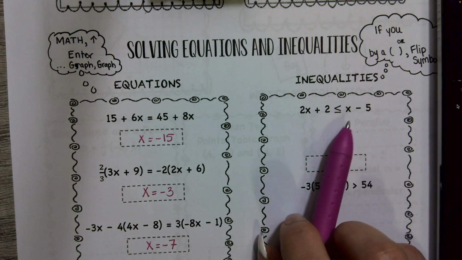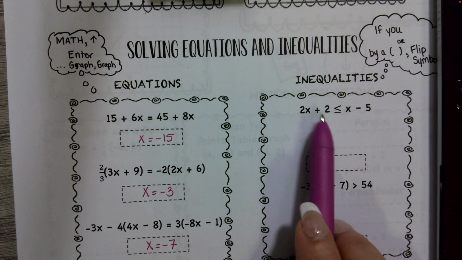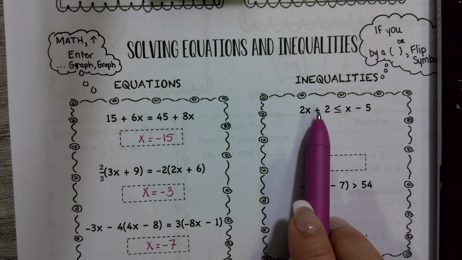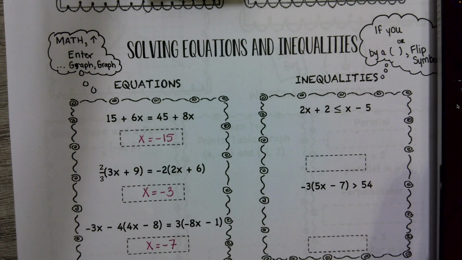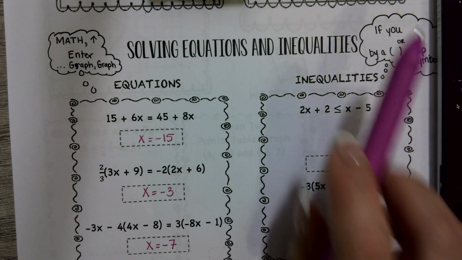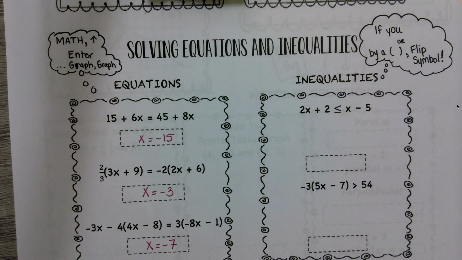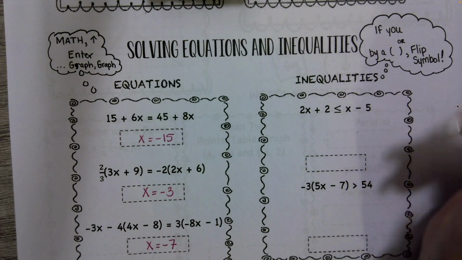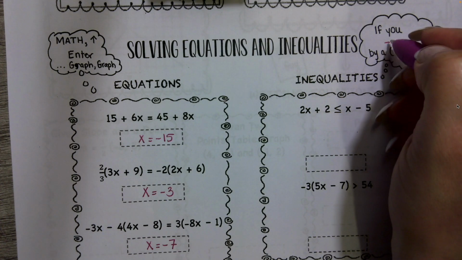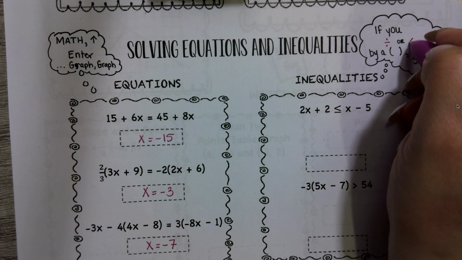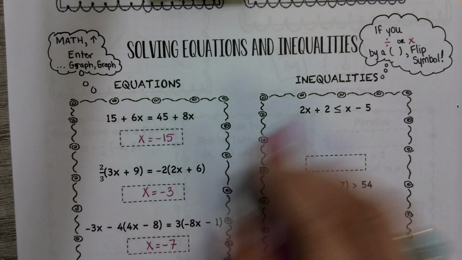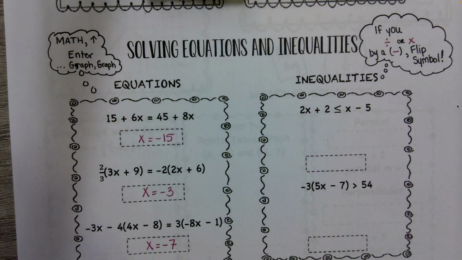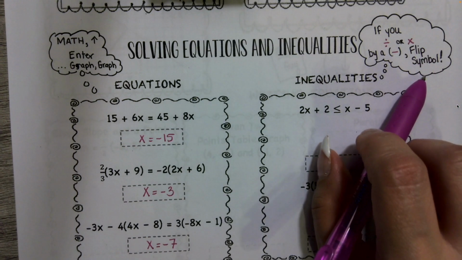Okay, let's talk about some inequality. For inequality, you'll not be able to use your calculator to solve it. Why? Because if you divide or multiply by a negative number, you have to flip the symbol.